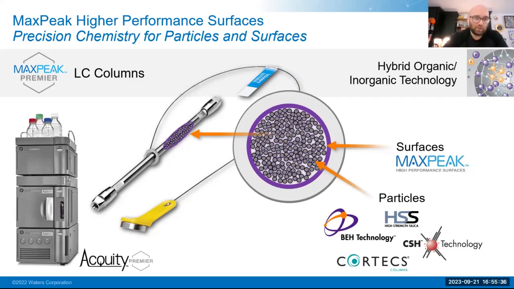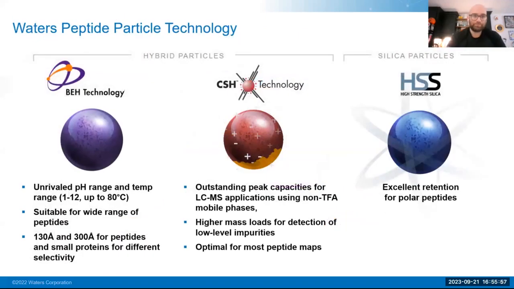So you can swap between the MaxPeak and the standard chemistry, and that resin is going to be the exact same. This is only a modification to the actual metal surface itself. We've engineered that surface to minimize any sort of interactions with it. It's going to be very critical for these metal sensitive compounds that may interact with that. It is present in all of our particle technologies that you may be aware of, the BEH, CSH, and HSS.